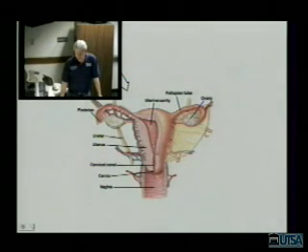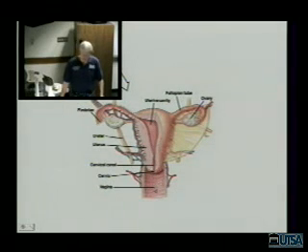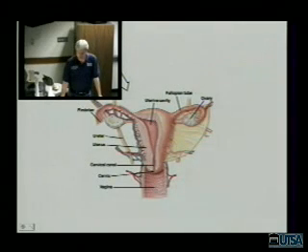Of course, the uterine cavity is open through the cervical canal and through the external os, cervical os, into the lumen of the vagina. The layers of the uterus are shown here.